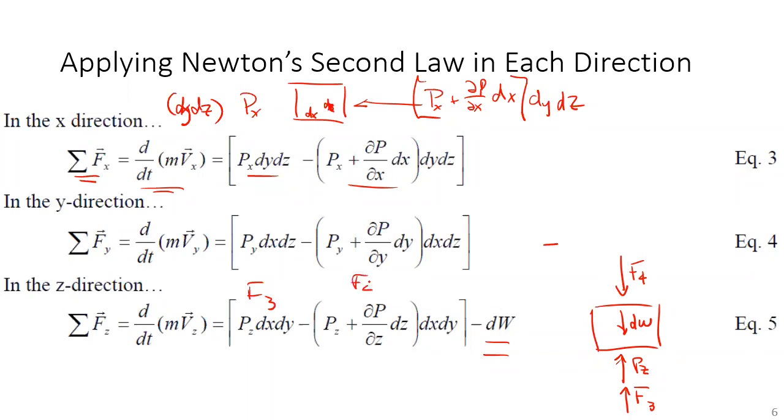This is F4 acting downward. And this is the weight also acting downward, hence the positive and negative signs in front of each of those forces. And then I think you can see this term, minus p plus dp/dz dz times the same area, these first two terms are going to cancel. And that's what you'll see in the next slide.